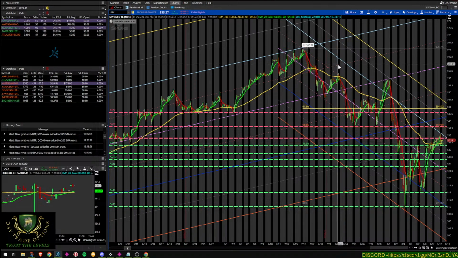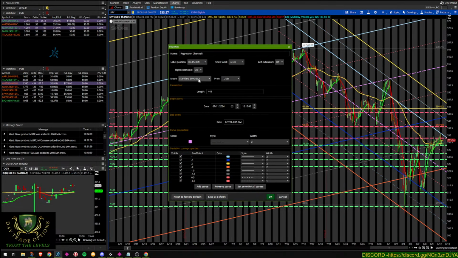I will draw in this long LRC. EMA cross up. And basically what I do when I draw it in is I want to see it pivoting off of key points. This is the 0.5 deviation. This is the mean. This is the 1 deviation, 1.5, and 2. If you want to see what that looks like, this is what it looks like. You can copy that, screenshot it, and set yours up the same way if you like.